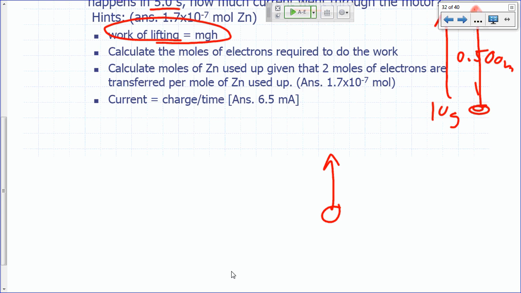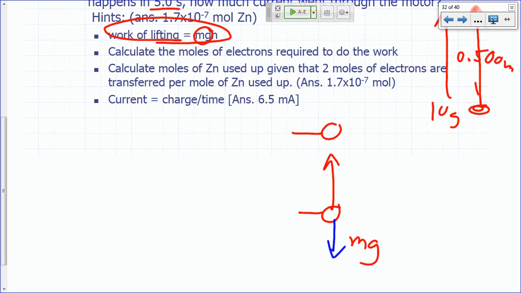On average, to go from one height to another, the average force you're going to be exerting would be equal to the weight of the object. The force of gravity is mg, so mg times the height, and mg is the mass times acceleration due to gravity. That's the weight of your object.